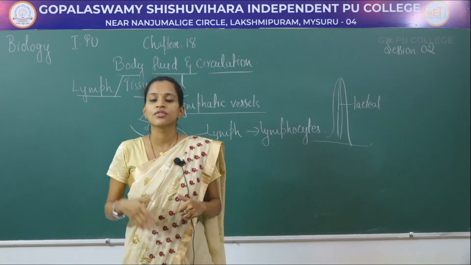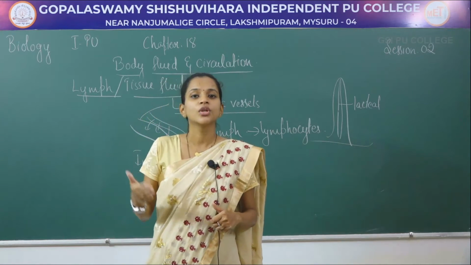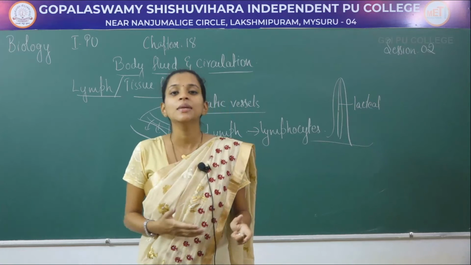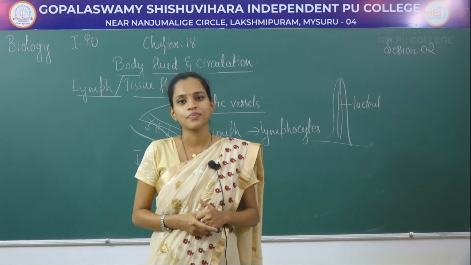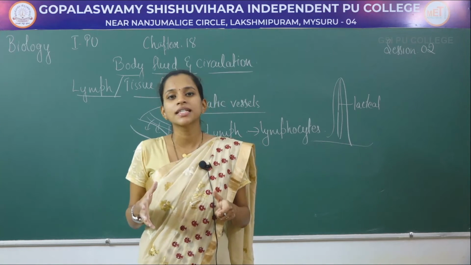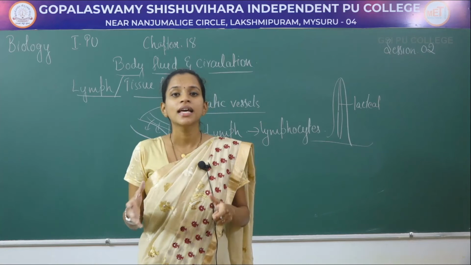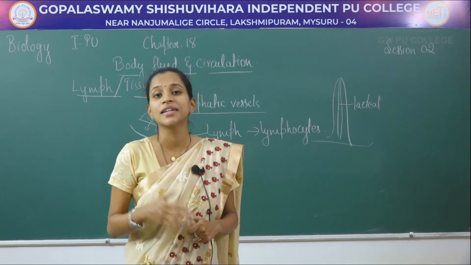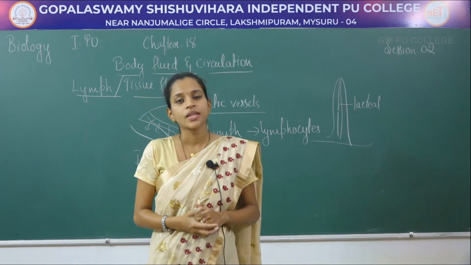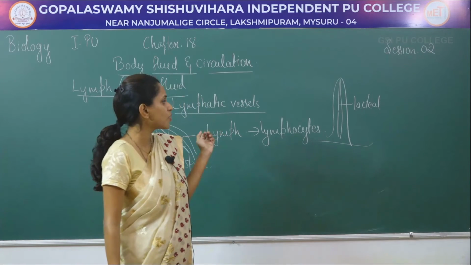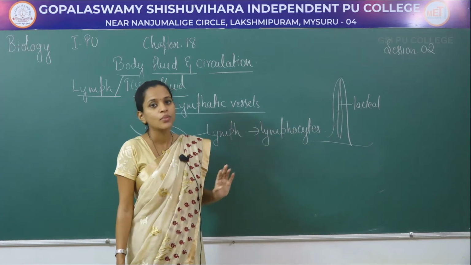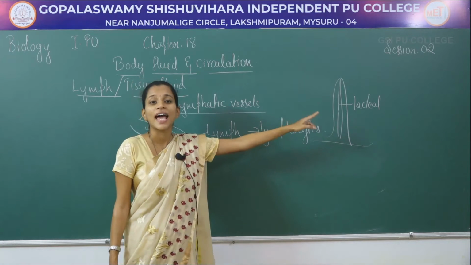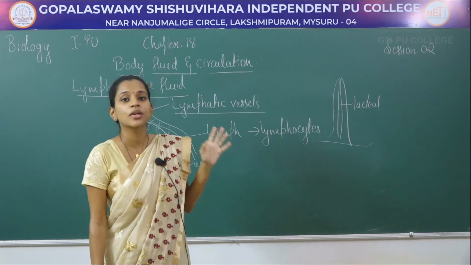This lymph contains lymphocytes, some nutrients, gases, and helps in transport of hormones and absorption of fat. The lymphocytes present in this lymph help in immunity, that means they are defensive in function. Whereas absorption of fat can be seen in the microvilli of the intestine, which helps in formation of lacteals. So that is about lymph.